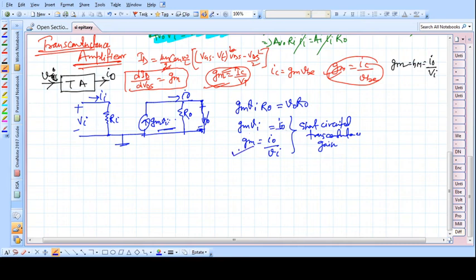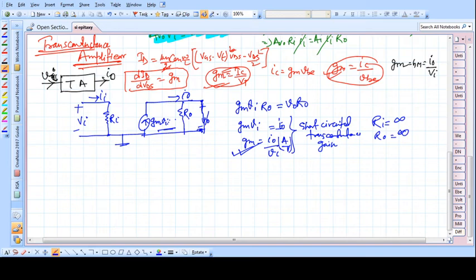So Gm can be written as I naught by Vi, with unit ampere by volt. In that case Ri is also infinity, and R naught also equals infinity, because this works as an open circuit and a very high resistance.